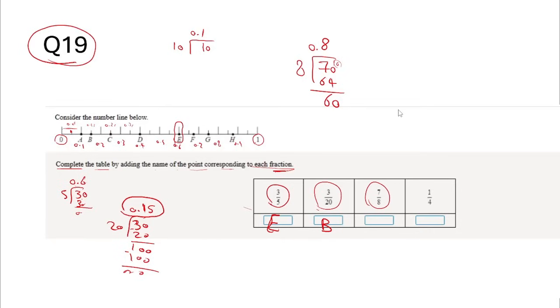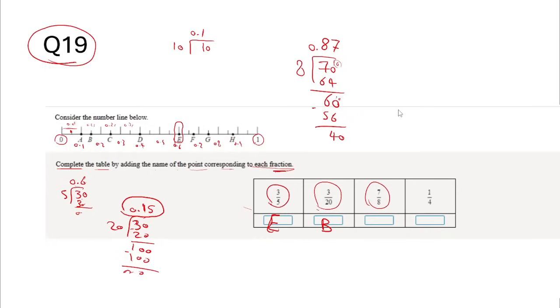So 60 divided by 8. 8 times 7 is 56. So this will be 4.